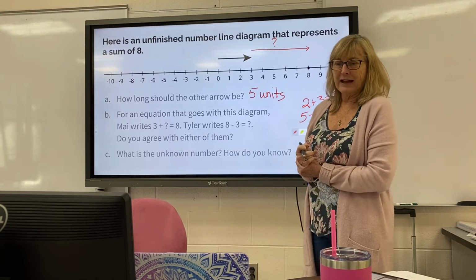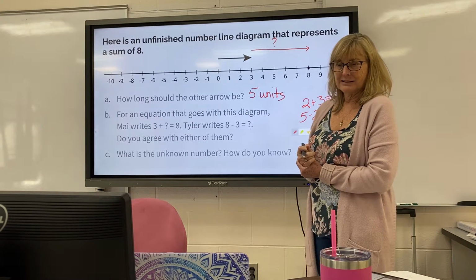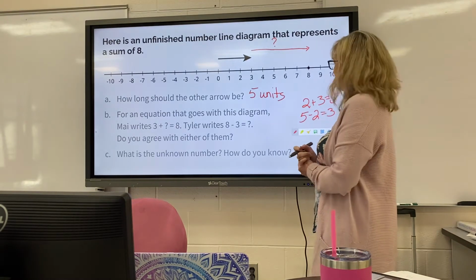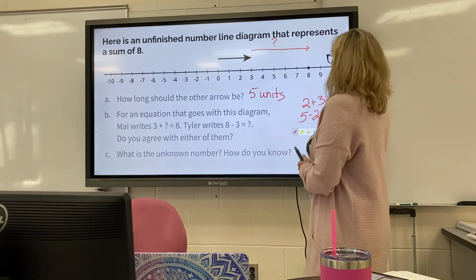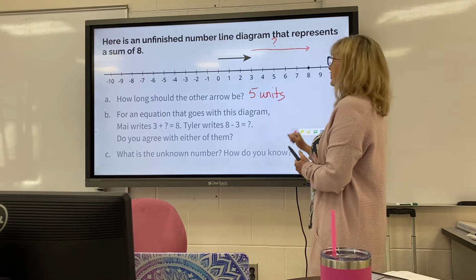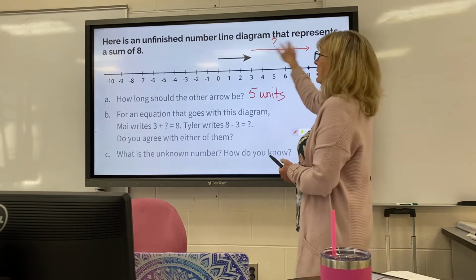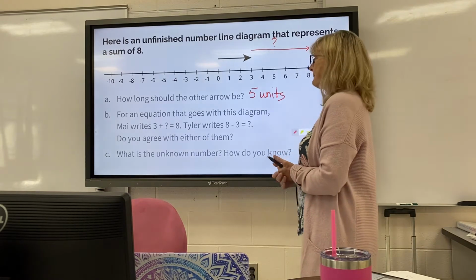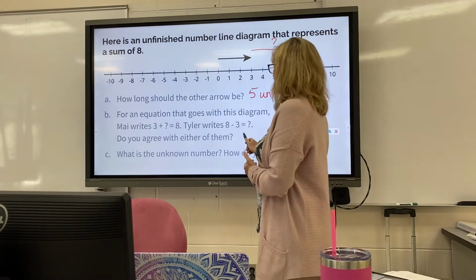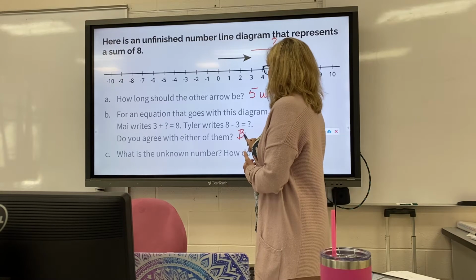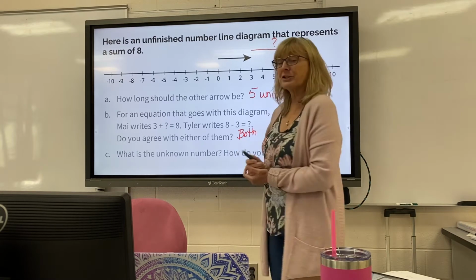Remember those fact families? Oh yeah, I remember them. That's all this is, that's all it's going back to. And now we just have an unknown number. All right, so you can say you agree with both of them because the equations are equivalent.